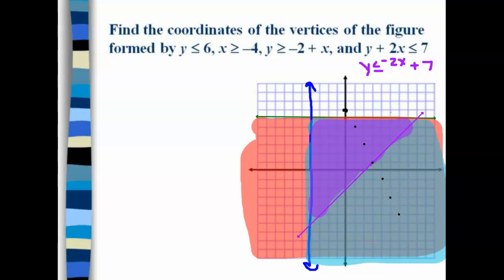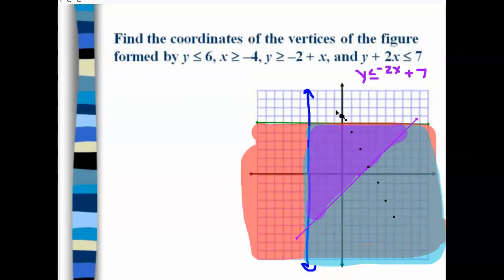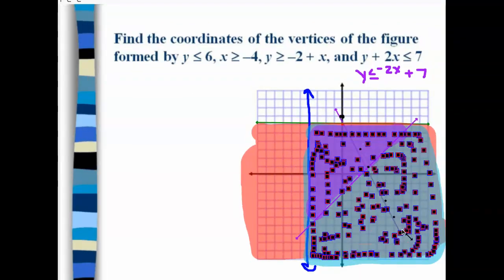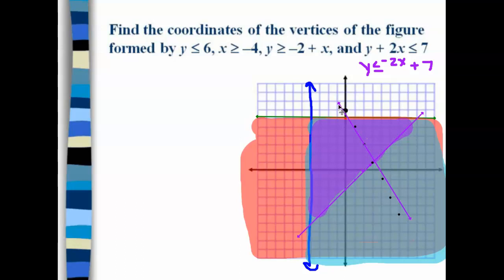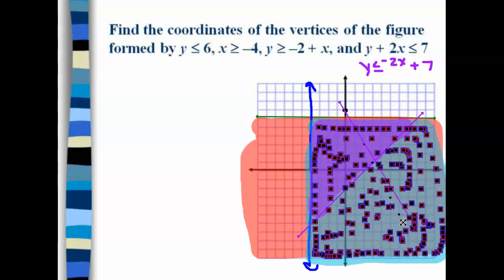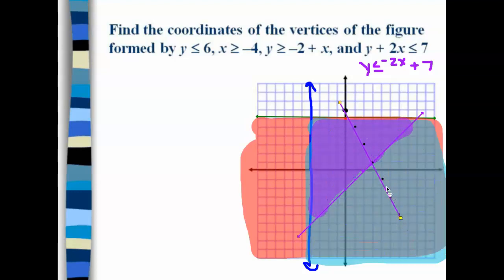And the y values are less than that. So that means we would shade below the line, which means my solutions come within this shape here.